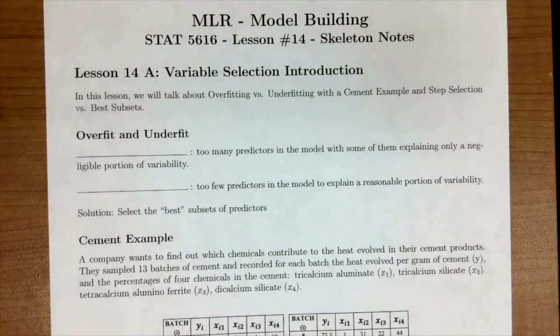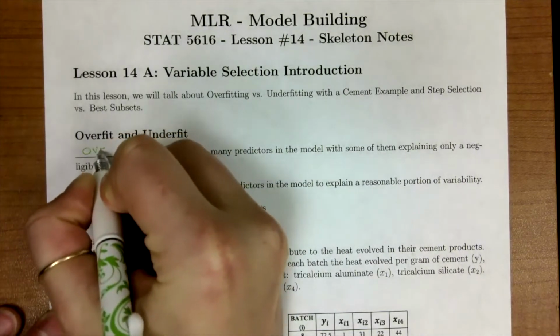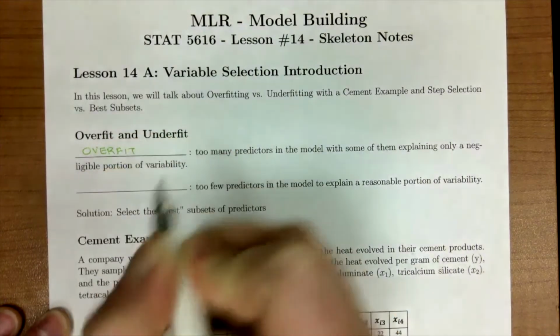So let's get started. In simple linear regression, we didn't have to worry about the idea of overfitting and underfitting because we only had one predictor variable. But in multiple linear regression, our goal is to build a model, right? And we want this model to be able to best represent the relationship between our variables and our response. Well, what can happen is that we could overfit our model.